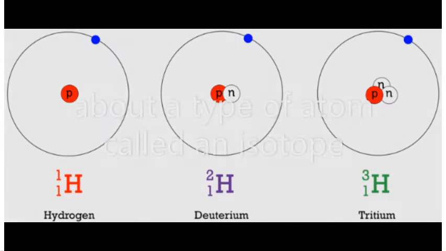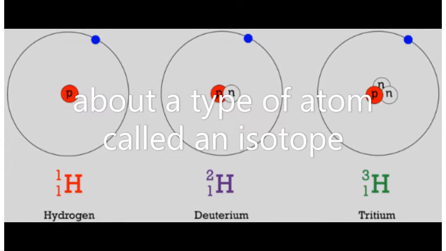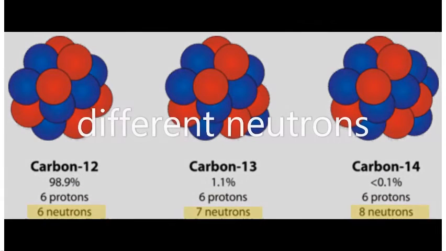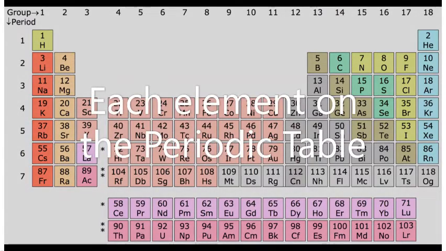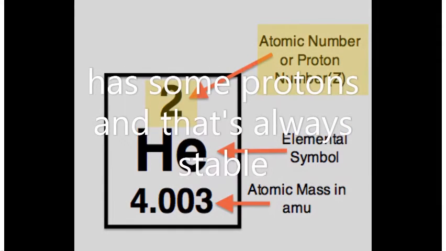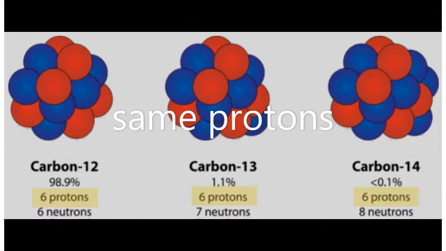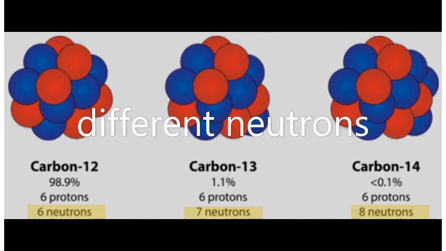Here's a little song I wrote about a type of atom called an isotope. Same protons, different neutrons. Each element on the periodic table has some protons, and that's always stable. Same protons, different neutrons.